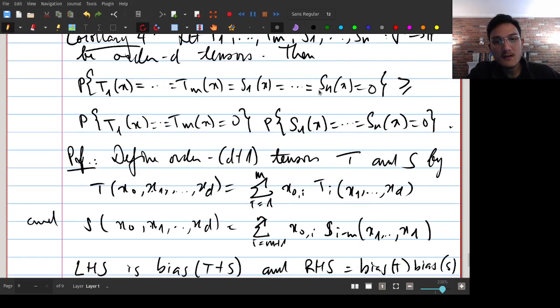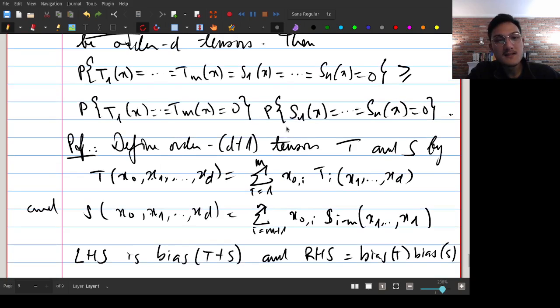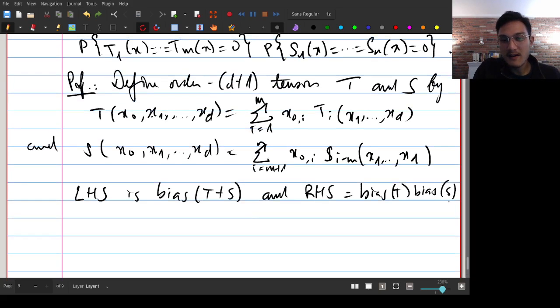All of these are 0 if and only if this plus this is identically 0 as a linear form of x_0. And then the bias of T times the bias of S, that's this. So this one is this function being an identically 0 linear form, and this one is this one. So it's like proof by staring, kind of.